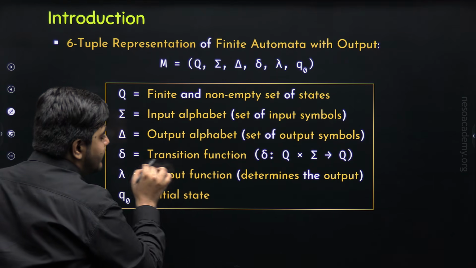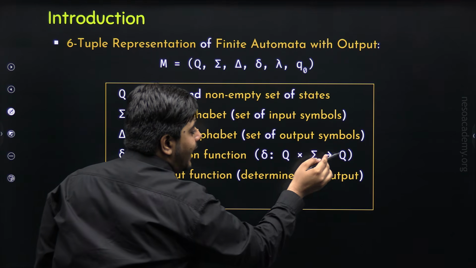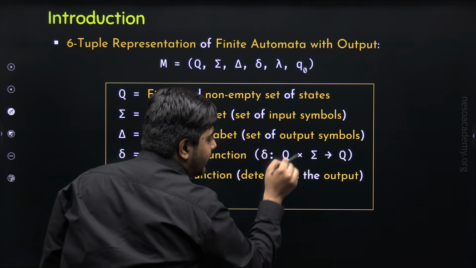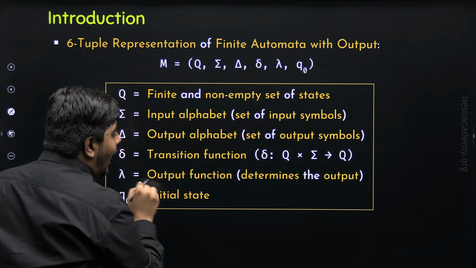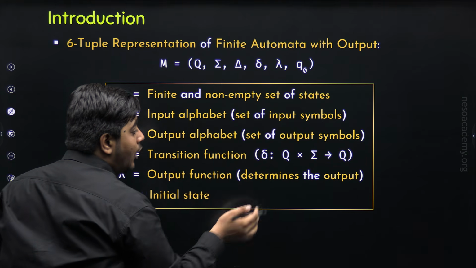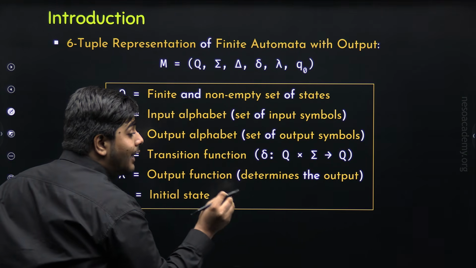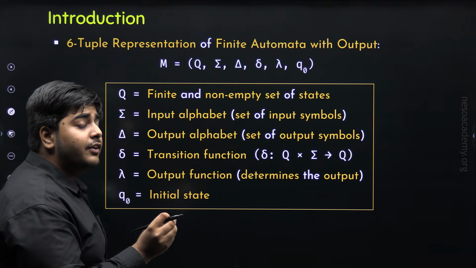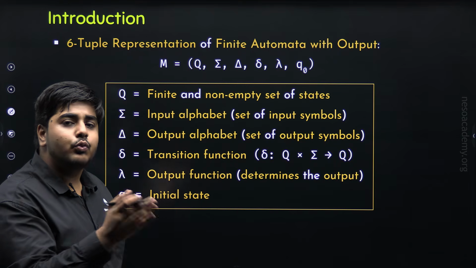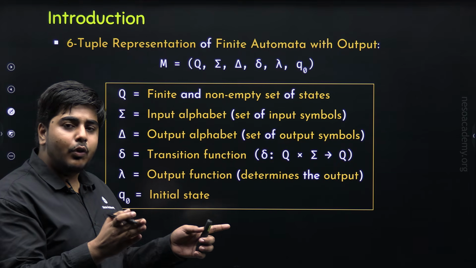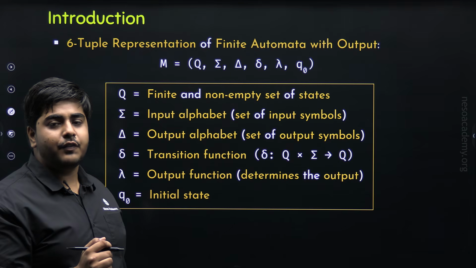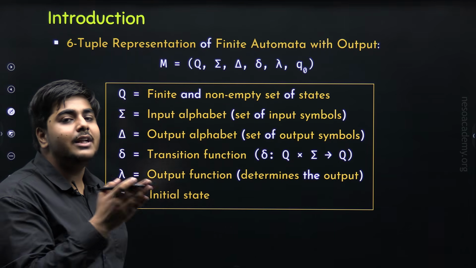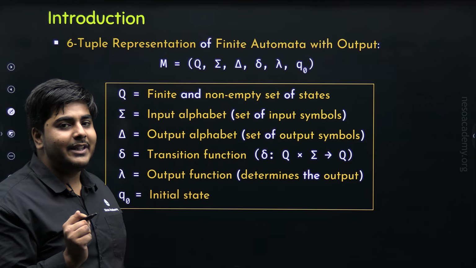Like the transition function tells us that our next state depends on the current state and the current input symbol, similarly, the output function tells us on what factors our output depends. The output function is different for Mealy machine and Moore machine. That means both the machines have different output functions, which we will understand when we talk about Mealy machine and Moore machines in our upcoming lectures.